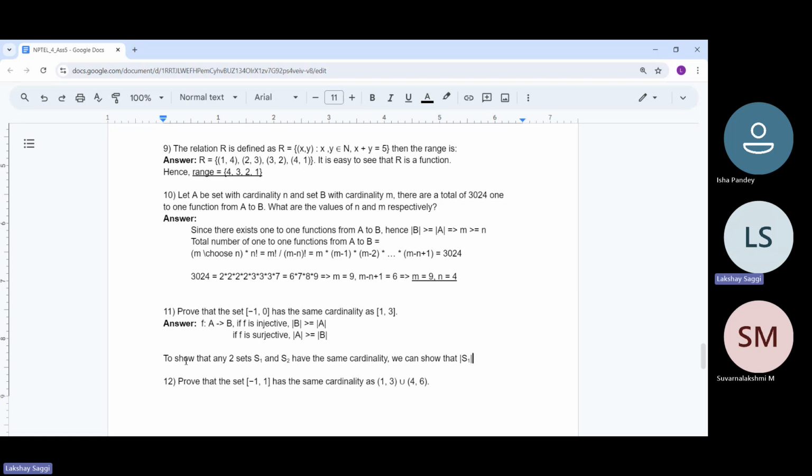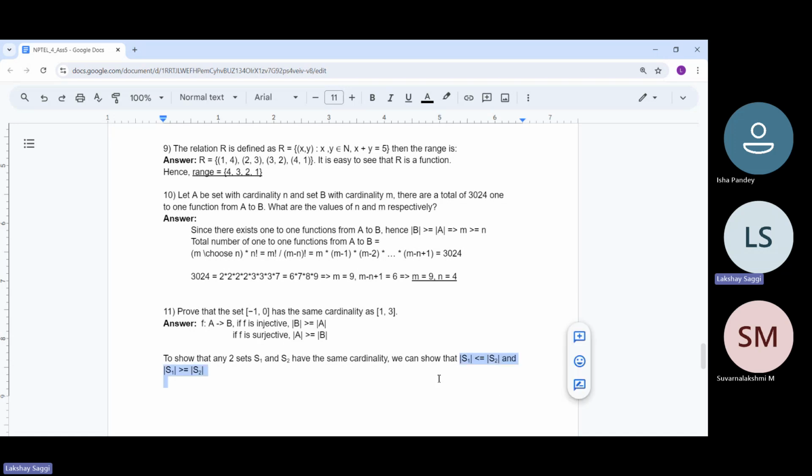If two sets have the same cardinality, then what this means is that cardinality of S1 is less than or equal to cardinality of S2, and cardinality of S1 is greater than or equal to cardinality of S2. So for showing that two sets have the same cardinality, we can show that cardinality of S1 is less than or equal to S2 and cardinality of S1 is greater than or equal to S2.